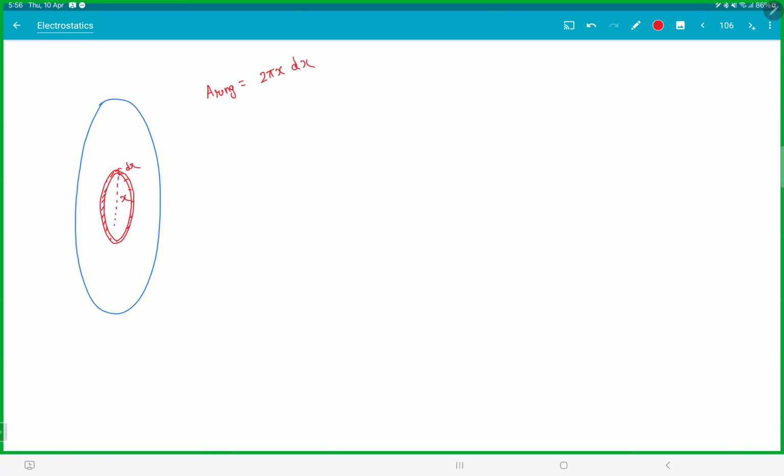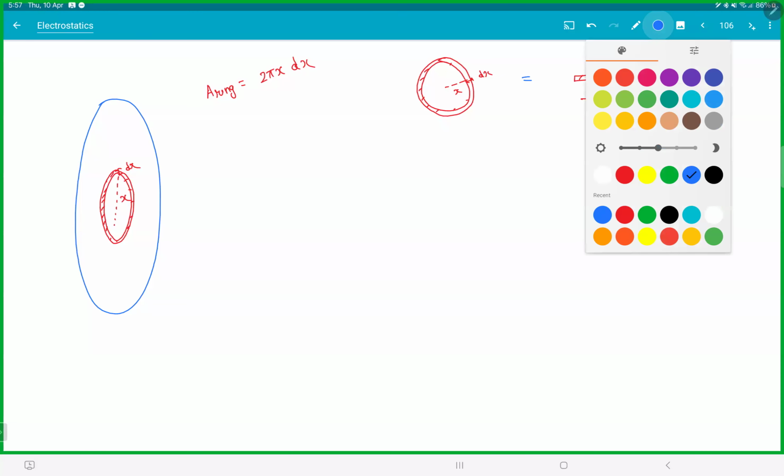So circumference into thickness. And if you want, I can just show you that once. If this is x and the thickness is dx, and if you take a scissor and cut it, you will get a thin rectangle whose circumference will be 2 pi x and the width will be dx. It becomes a small rectangle which is length into breadth. That's how you get this.